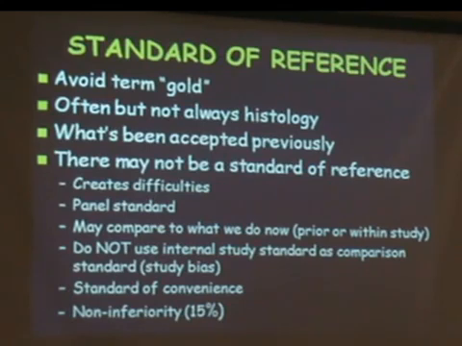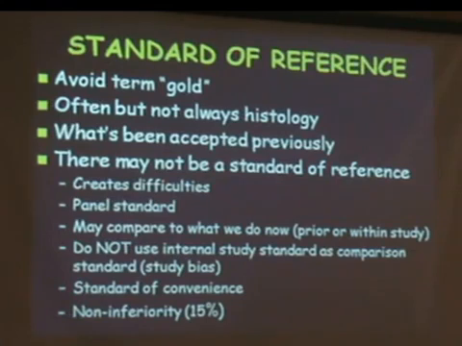And that's non-inferiority. So if a test is better for non-radiology reasons, cheaper, faster, more available, less prone to breakdown, whatever the reason, it doesn't have to be as good as the old test. It can only be a little bit worse than the old test.